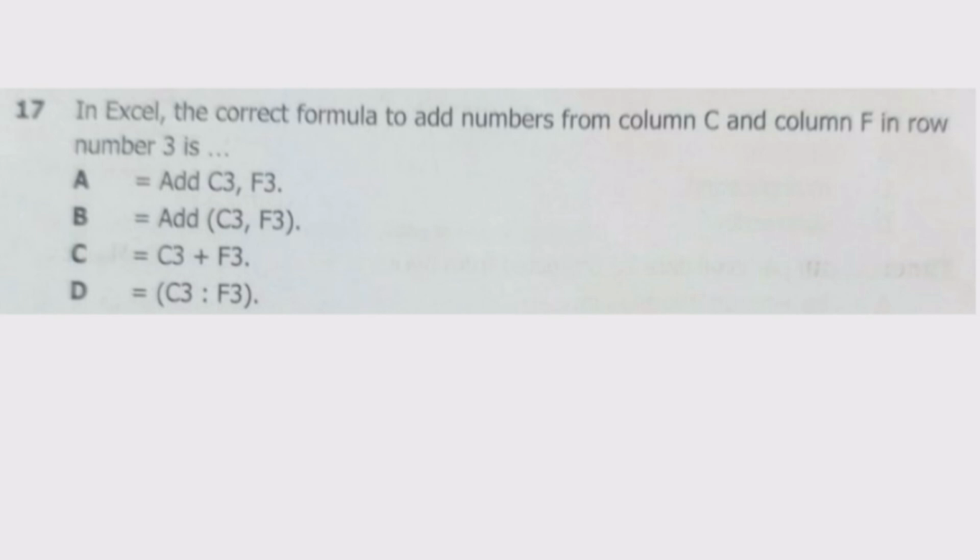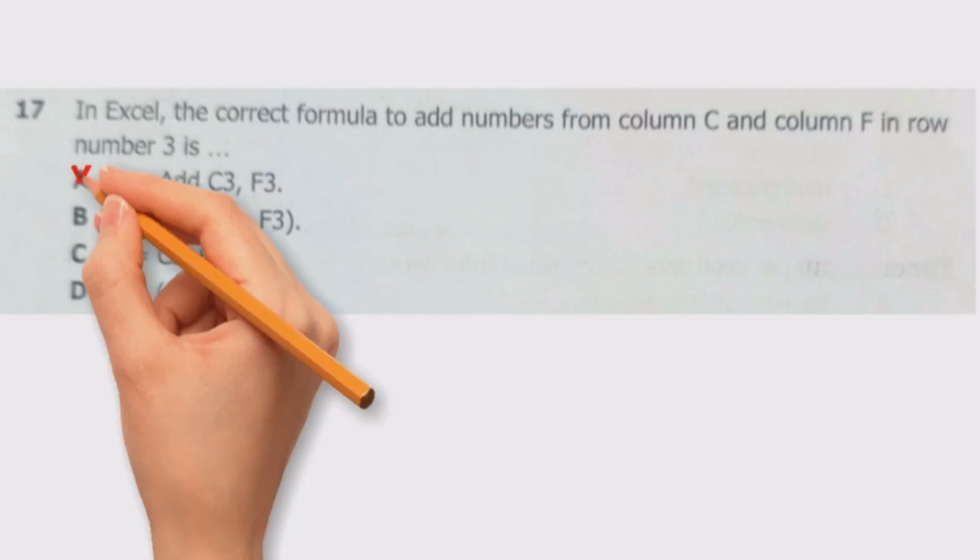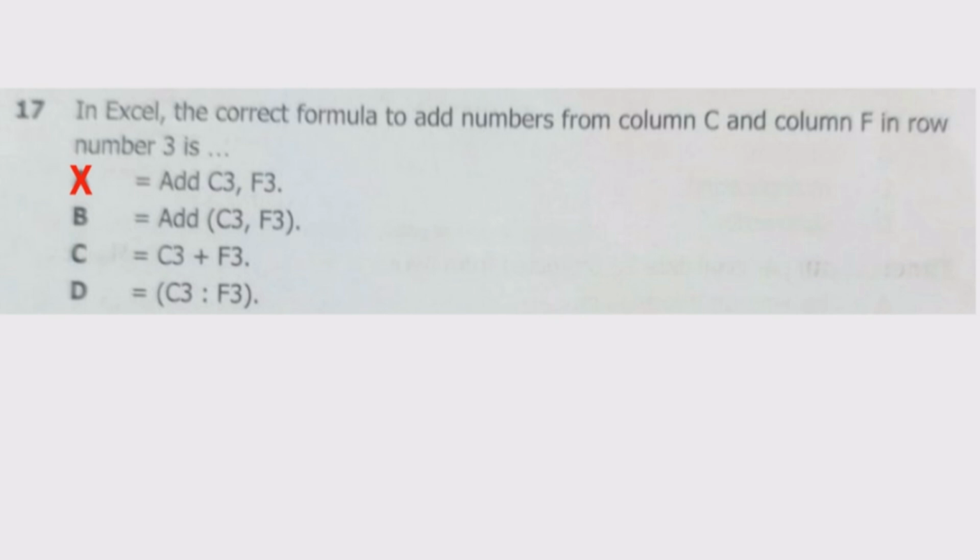B. Equals add in open bracket C3 comma F3 close bracket. C. Equals C3 plus F3. D. Equals C open bracket C3 colon F3 close bracket. So the correct answer is C, which is equals C3 plus F3.